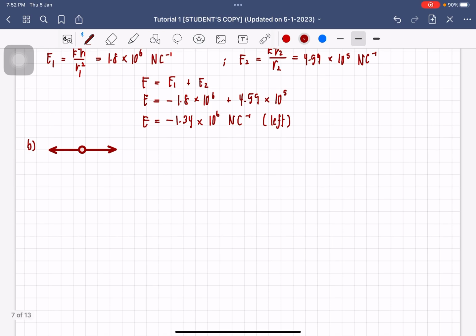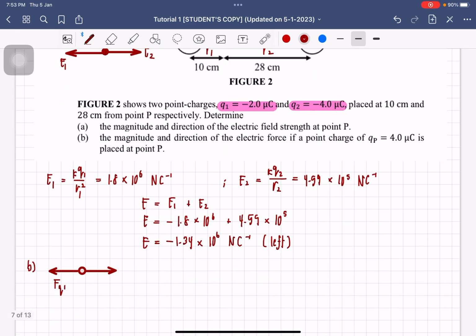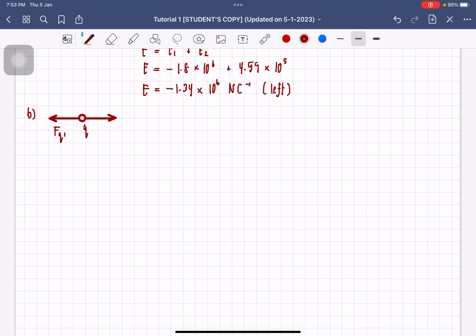So this is the force on the charge due to charge 1, and this is due to charge 2, because this is your Q. As usual, we find the magnitude.